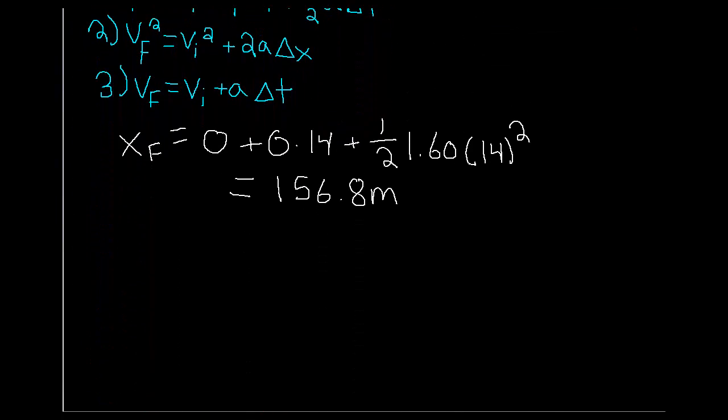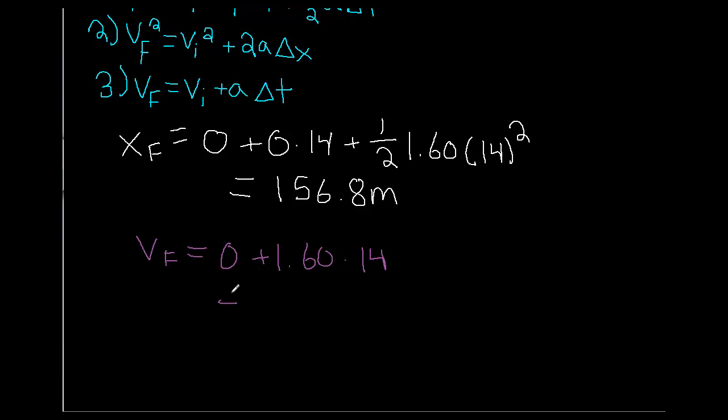So to do so, we will write it out like this: velocity final, which is what we're looking for, equals, well, velocity initial in stage 1 was 0, so 0 plus the acceleration in stage 1, which was 1.6, times the change in time of stage 1, which is 14.